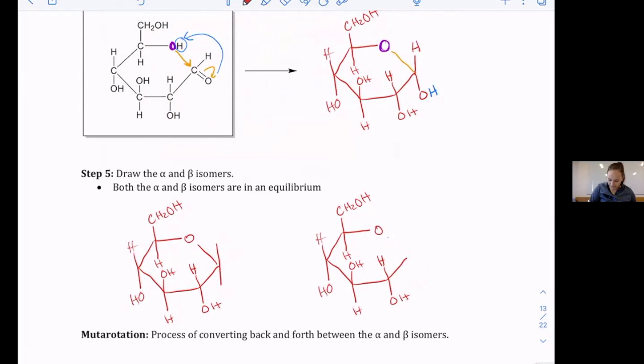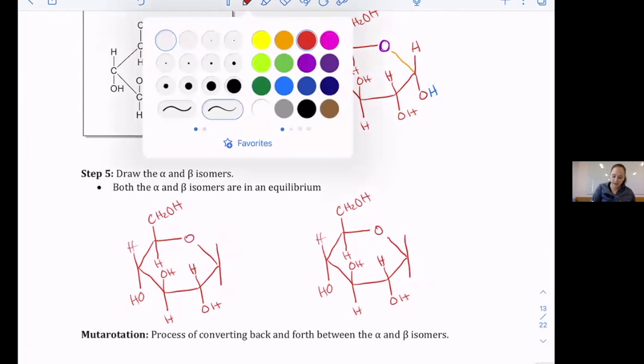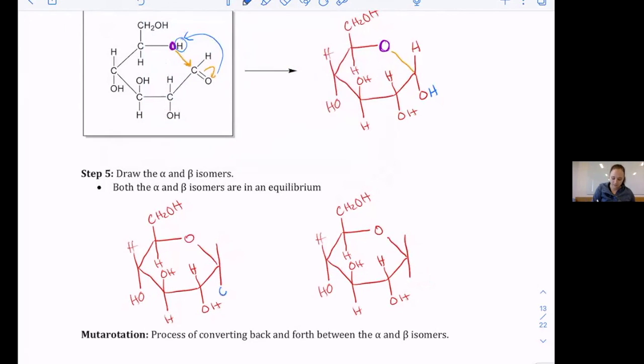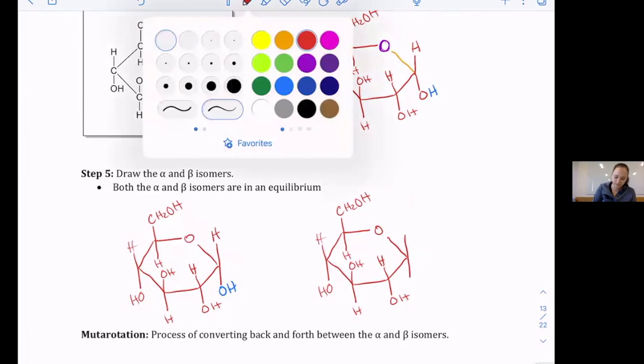So if I have this basic structure here, when that ring closes, it's going to form either the hydroxide on the bottom or on the top. So if the hydroxide goes to the bottom, like this, and the hydrogen's on top, this is called the alpha isomer.